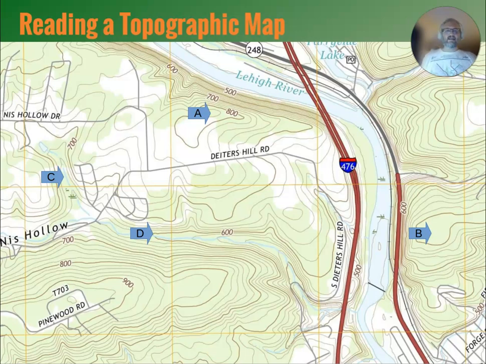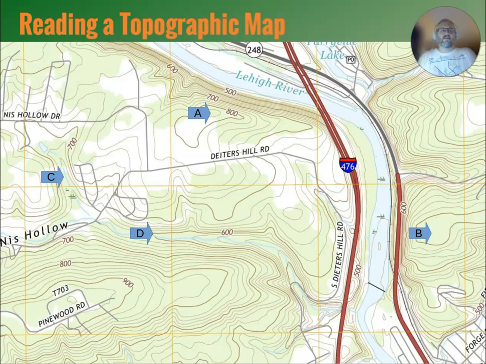As it does that, you'll notice it keeps crossing contour lines because it's going downhill. But those contour lines, as the river is hitting them, are making these V shapes. And the V's are pointing upstream. That's very characteristic. Whenever you see a stream valley, the contour lines are going to make a V shape as the stream crosses them, and the V's are pointing upstream.